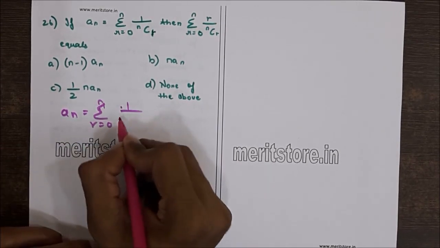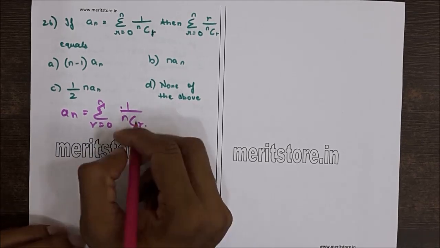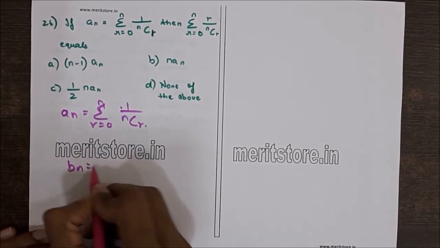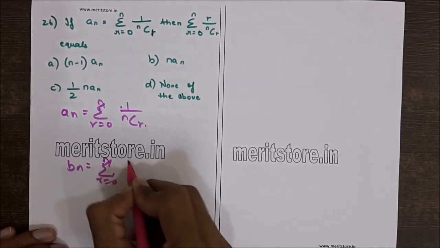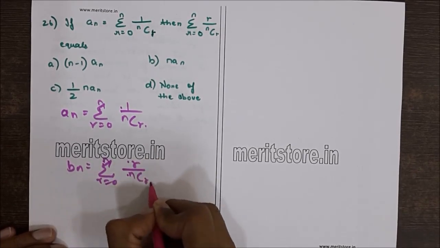We have An, which is the summation of r equal to 0 to n of 1 upon nCr, and we let Bn be equal to the summation of r equal to 0 to n of r upon nCr.